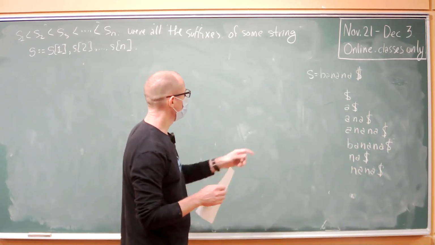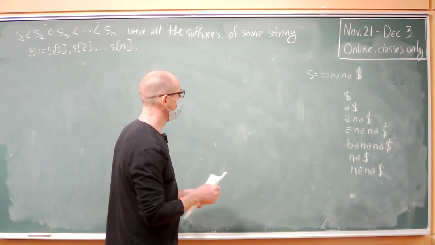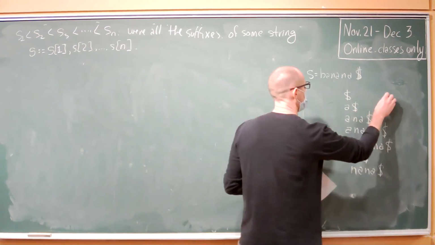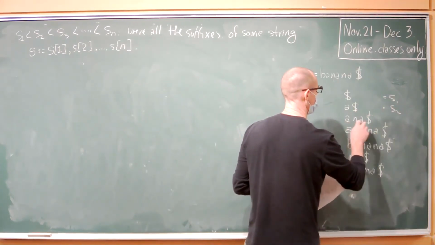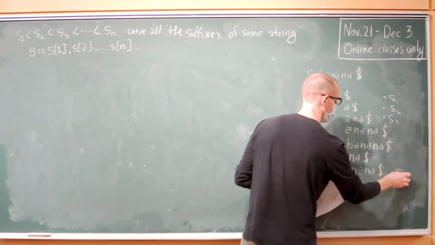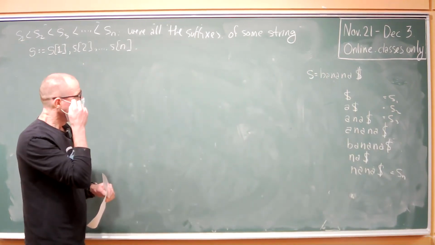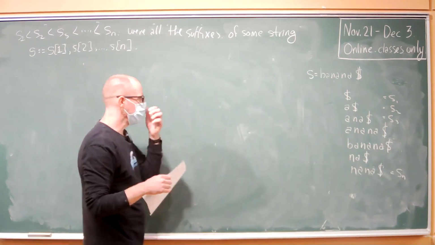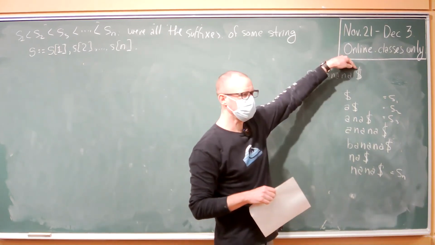So if this is my string S, then S1 is the empty string, S2 is the string with an A, S3, and this is Sn. And of course, the suffix array doesn't store these strings explicitly like this. Each one of these is just an index into this thing here.